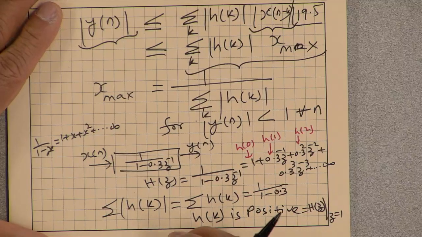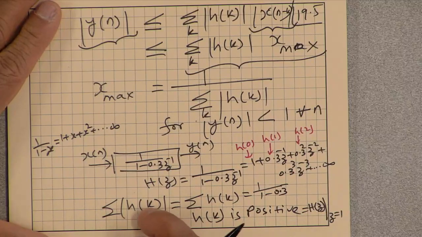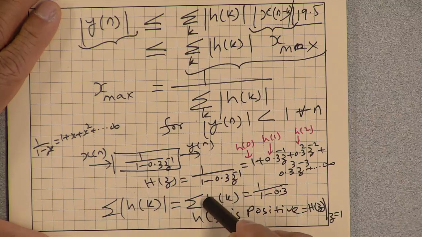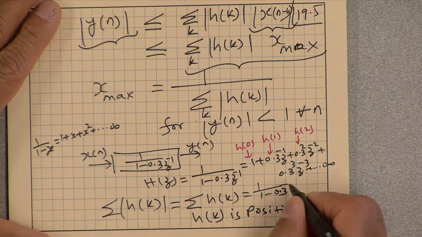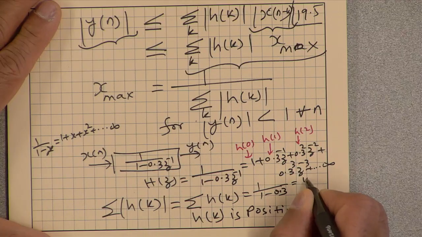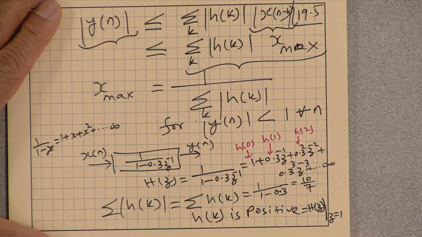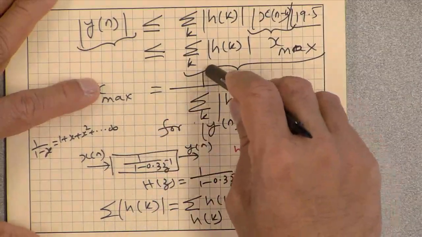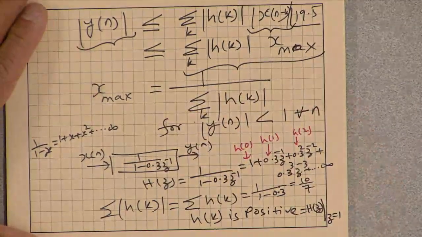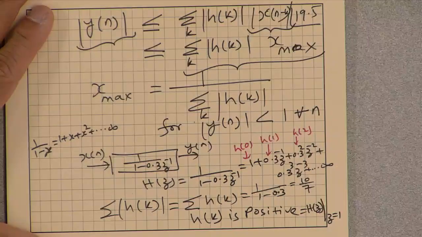If you substitute z equal to 1, it's the sum over all n of hn. If these are all non-negative, that's the same as the absolute value, and that's going to be 10 over 7. So x max is going to be 1 by 10 by 7, which is 7 by 10.